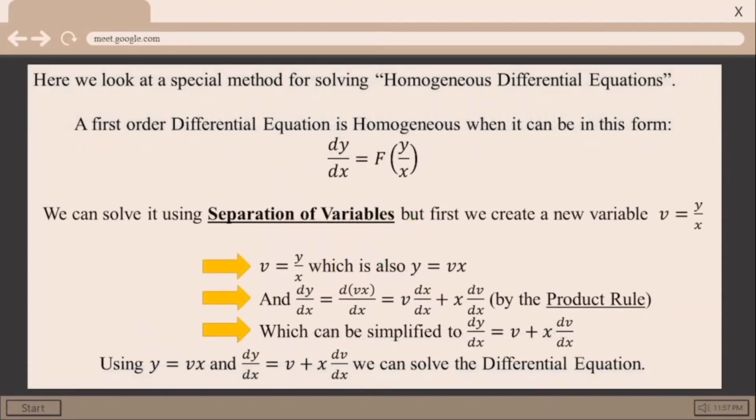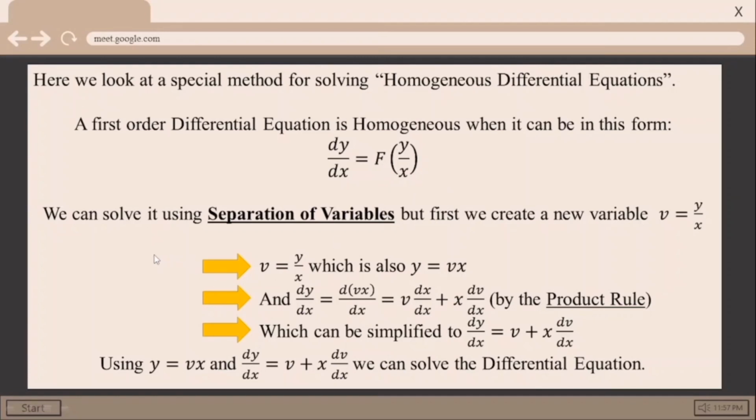So here we look at a special method for solving homogeneous differential equations. A first order differential equation is homogeneous when it can be in this form: dy over dx equals a function of y over x.